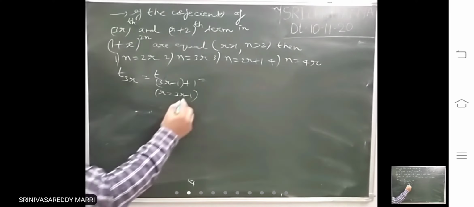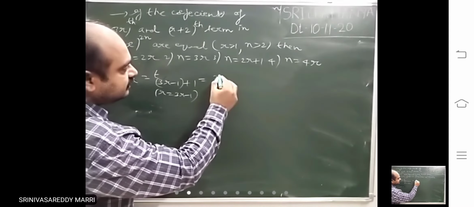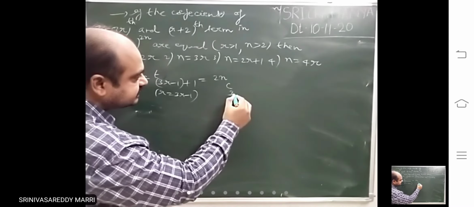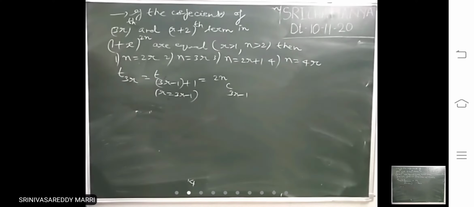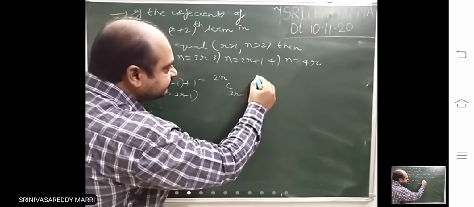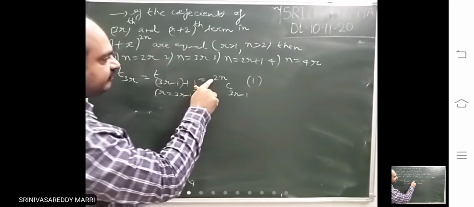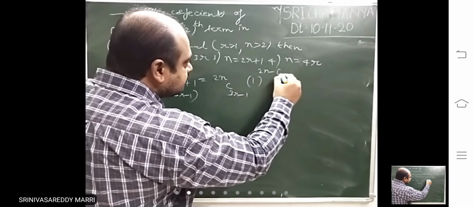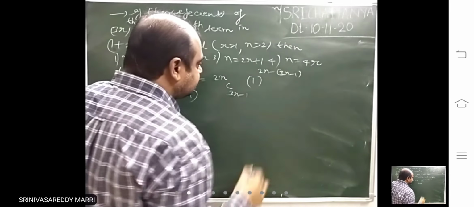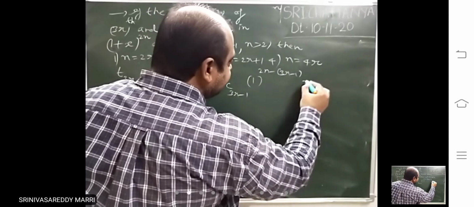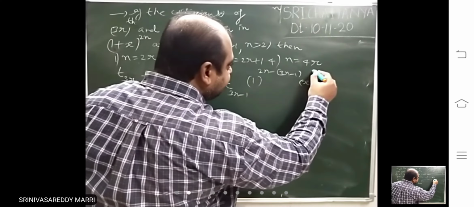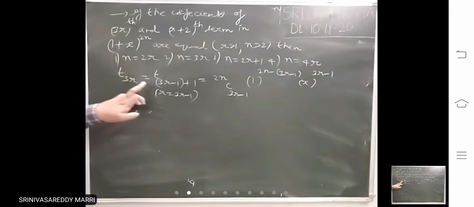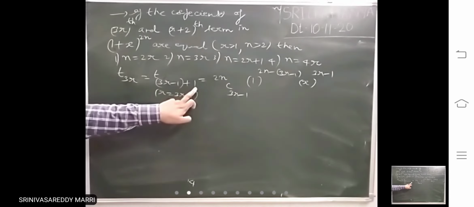So 2n C (3r minus 1), first variable 1 to the power this minus this, into second variable to the power 3r minus 1.